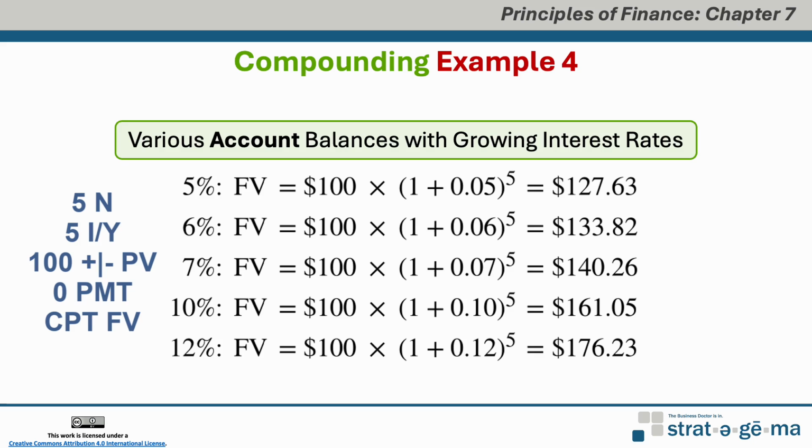If we want to look at the other interest rates now, you can manually recalculate using 6%, 7%, 10%, and 12%, but it'll be easier if we just change I/Y in the calculator from 5 to 6%. So put 6 I/Y, compute future value, you should get 133.82, 7 I/Y, 140.26, 10 I/Y, compute FV, 161.05, 12 I/Y, compute FV, 176.23, and we can see the differences there.